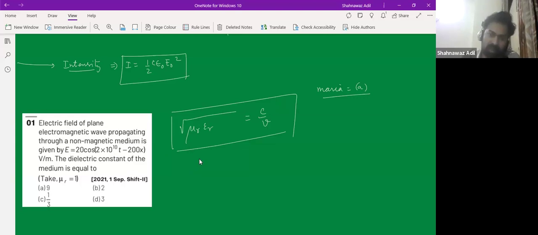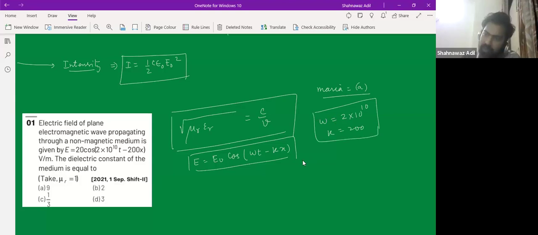So E is E naught e to the power minus kx. Omega is given, which is 2 into 10 to the power 10, and k is given, which is 200.